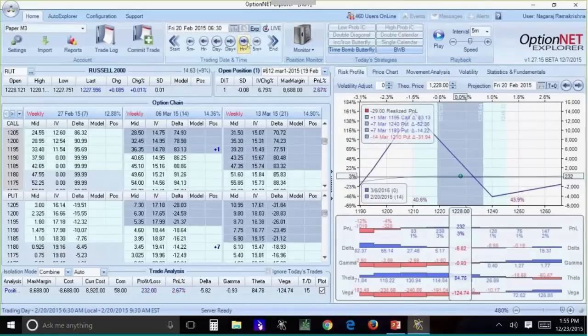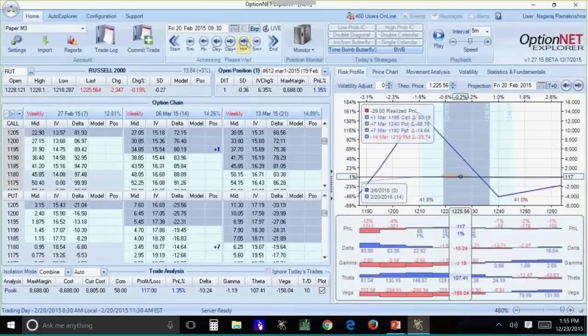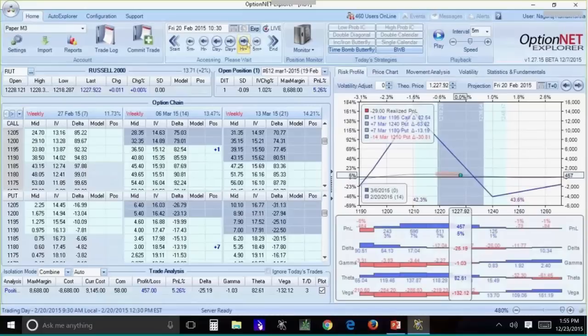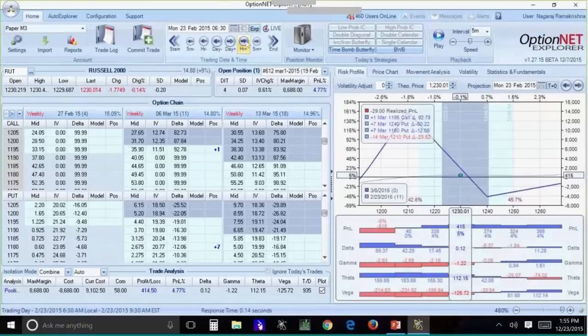So we are showing about 200 something profit. So that's roughly showing 137. You would see a lot of flickering in the profit that ThinkOrSwim shows. That's because there are some deep in the money options involved.